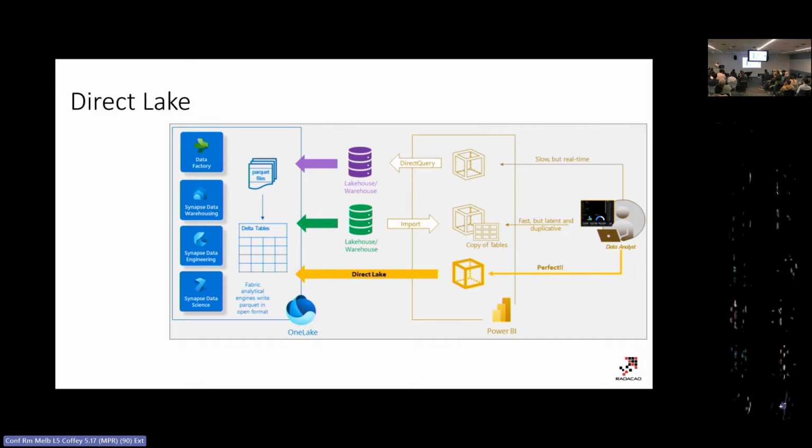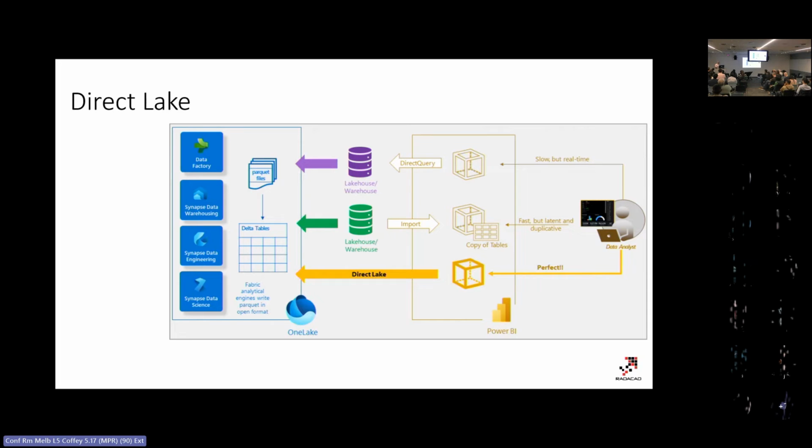The performance is like import. It's not exactly like that. There are some differences, but minor differences. But it acts like an import. On the other hand, because these are the actual data files of those tables, as soon as the data gets updated, your Power BI semantic model has the new data. You don't need to refresh that.